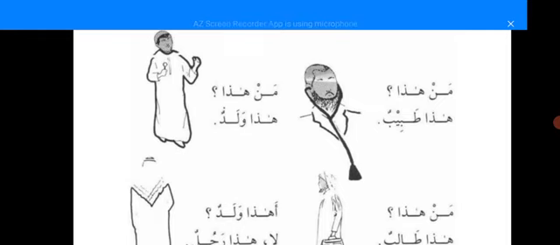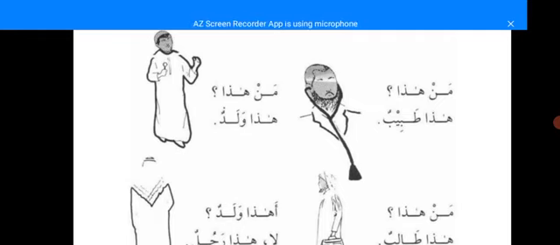See, you speak Arabic. Man hadha. Who is this? Of course, the image here is the image of a doctor. And the word for doctor in Arabic is tabibun. So once you know the word, you just say hadha tabibun. This is a doctor. Man hadha.